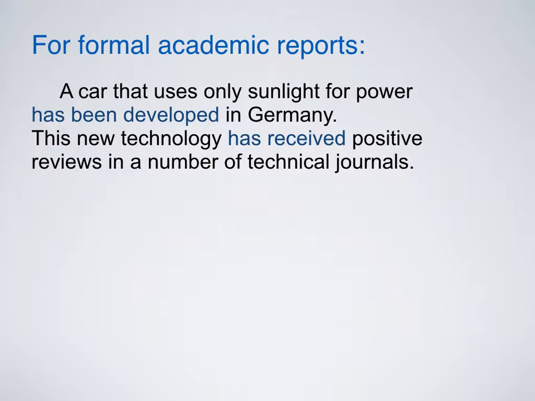In this paragraph, we don't know exactly who developed the car, but we can easily imagine that it was developed by scientists and technicians. Who gave the positive reviews? It must have been writers. So we don't really need to say who. The focus topics are the car and its technology.